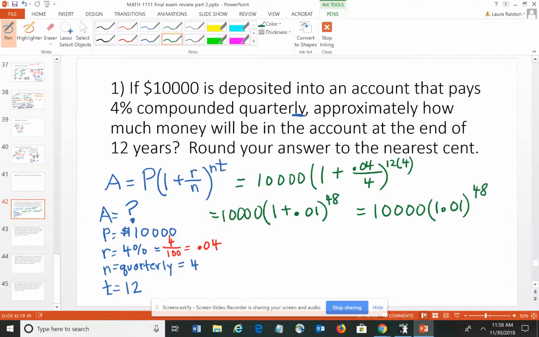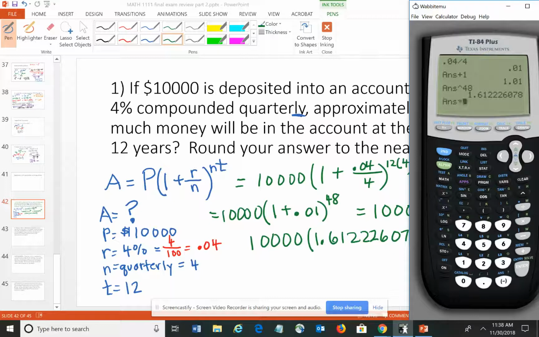It becomes 10,000 times 1.612226078. Then we multiply that by 10,000, and we get $16,122.26.